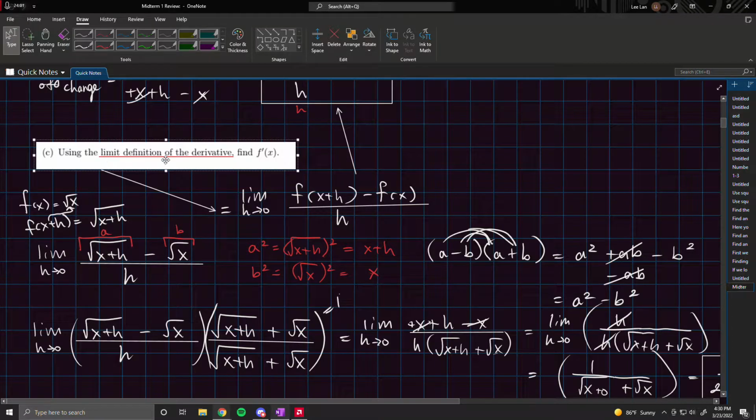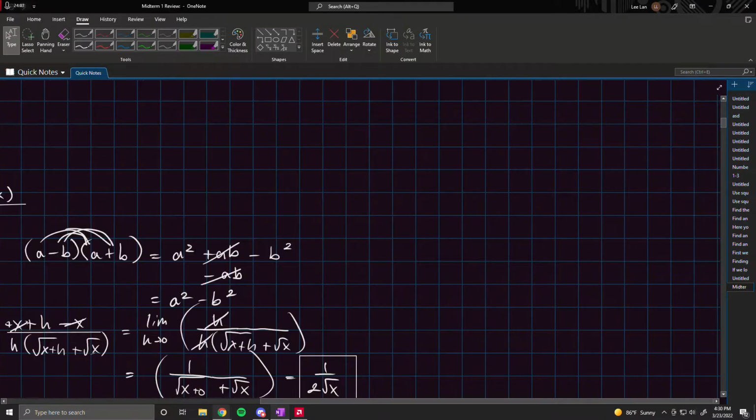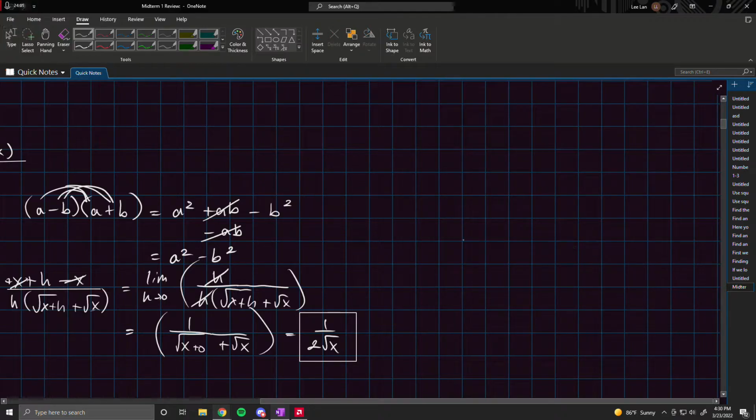So this is using the limit definition of the derivative. Just to double check, we know how to take the derivative without having to use the definition anymore. So y equals root x, which is x to the 1/2. This is the power rule.